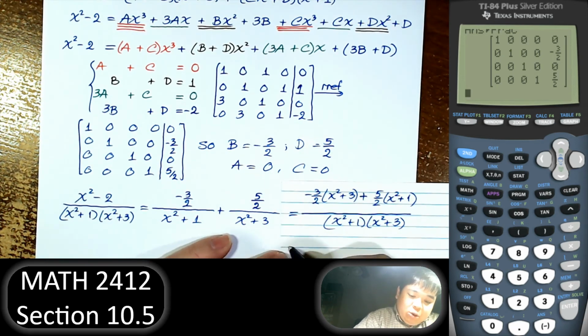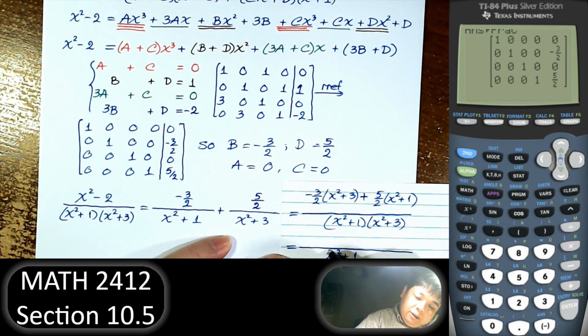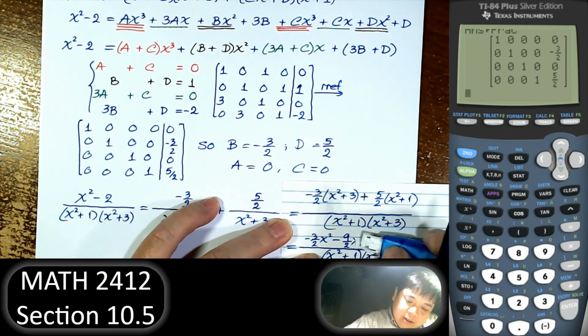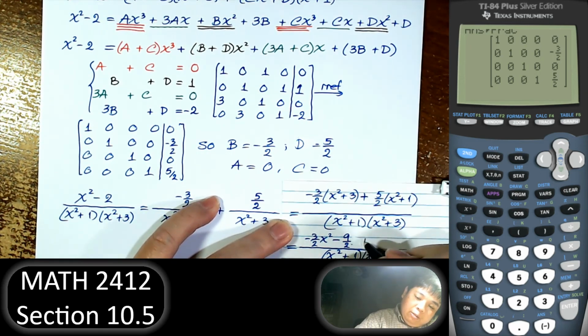Right, just multiply them out. I mean, just add them. So negative 3/2 x squared negative 9/2 x negative 9/2 plus 5/2 x squared plus 5/2.